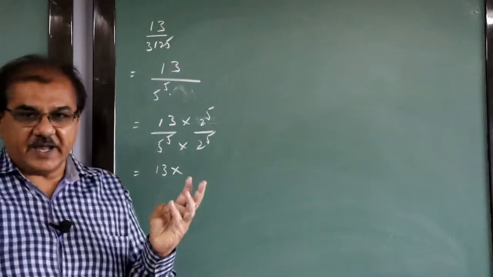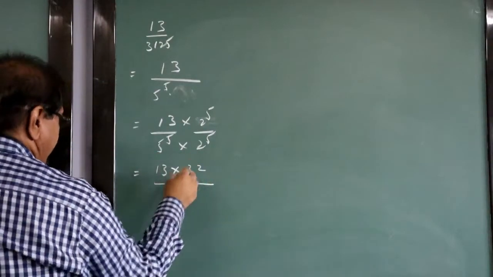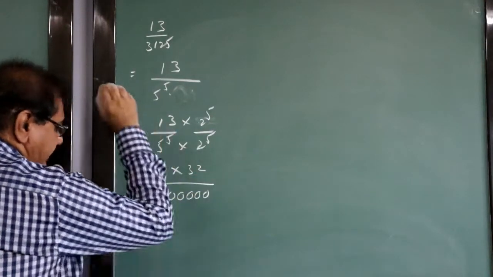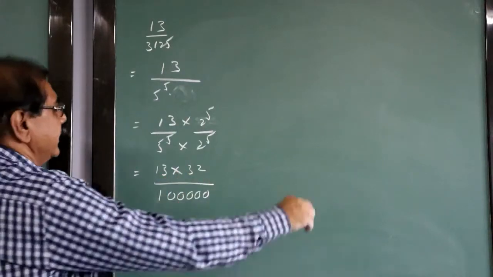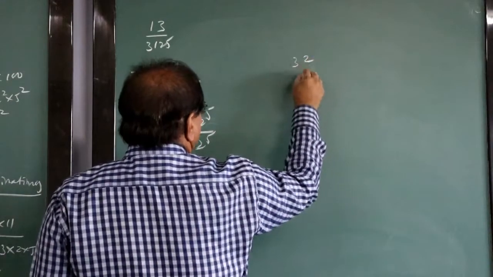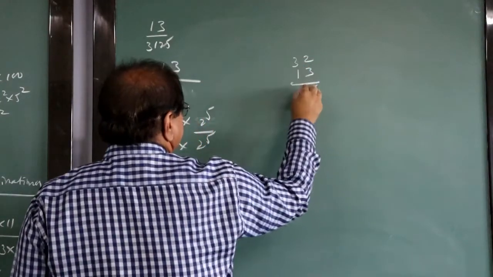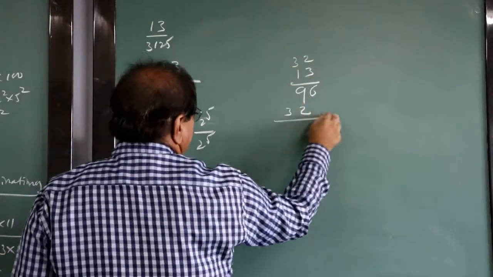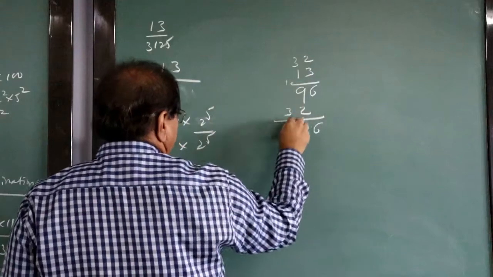So now 13 into, what is 2 raised to 5? 2, 4, 8, 16, 32. And here it is 5 to the 5 times 2 to the 5, which is 10 raised to 5, meaning 1 followed by 5 zeros. So just get the multiplication of 32 and 13. We do it here: 32 multiplied by 13. 3 times 2 is 6, 3 times 3 is 9, 1 times 2 is 2, 1 times 3 is 3. So it is 6, 9 plus 2 is 11, 1 carry, 3 and 1 is 4.